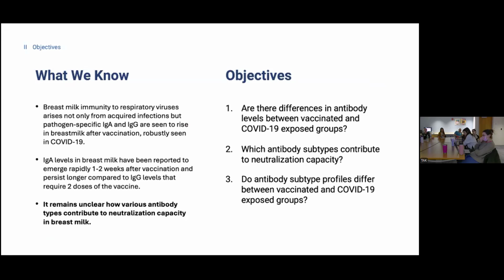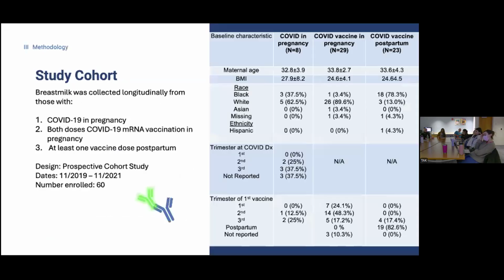But it still remains unclear which of these immunoglobulins are important and are the most effective in neutralizing the antigens. So the objectives: is there a difference in overall antibody levels between groups who had COVID versus those who got the vaccine? What is the difference in the antibody subtype profile? And which antibodies contribute to the neutralization capacity?